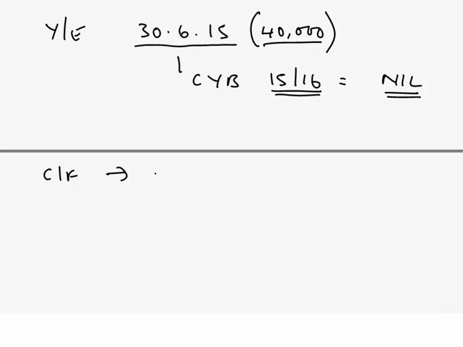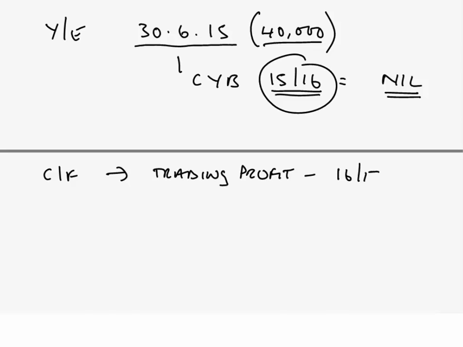So we would firstly go against the trading profit. What would be the next available trading profit? Well, if this was 15-16, we'd carry it forward to 16-17, where, given that we've made up accounts to the year ended 30th of June, hopefully for that next accounting period, the year ended the 30th of June 16, there may be a trading profit, and you would put that loss against that profit.